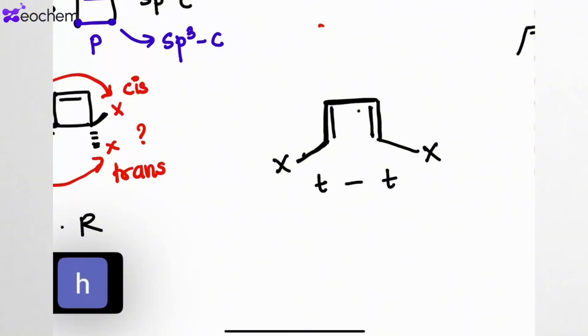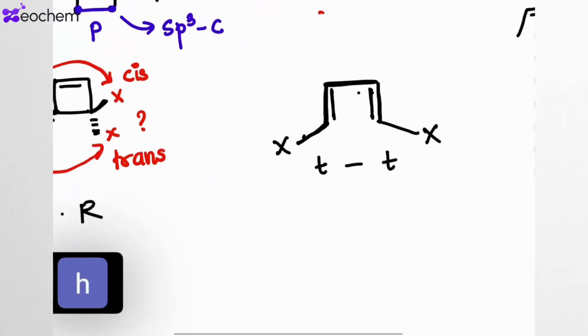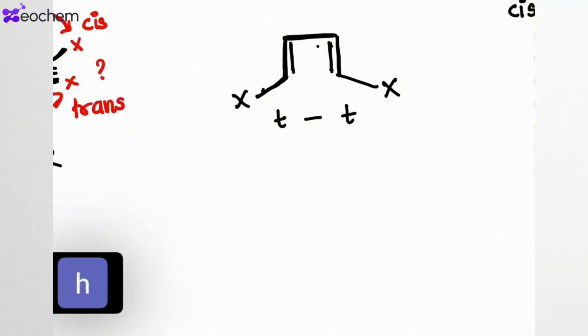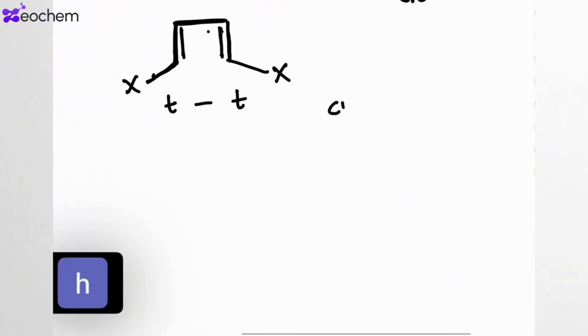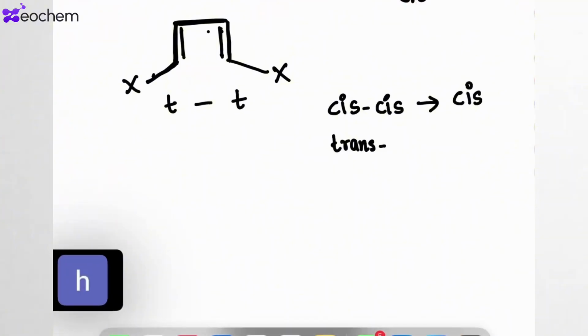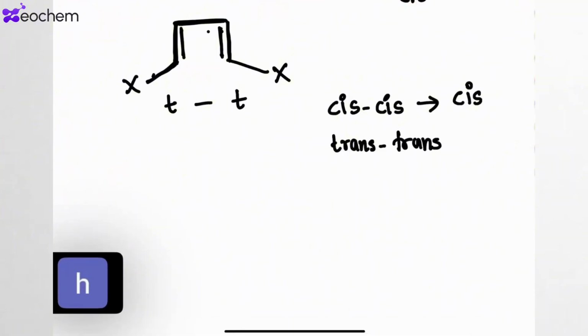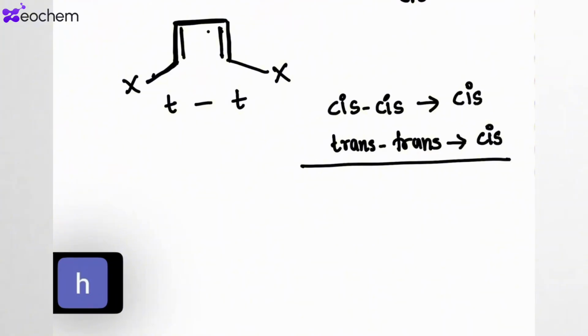If both bonds are trans, then what is the overall stereochemistry of the molecule is what we need to find next. For that, just remember: if the first bond is cis and the second bond is also cis, the overall stereochemistry of the reactant is cis. If the first bond is trans and the second bond is also trans, then the overall stereochemistry is cis again. Don't make a mistake here. If both bonds are cis, then the overall stereochemistry is cis.